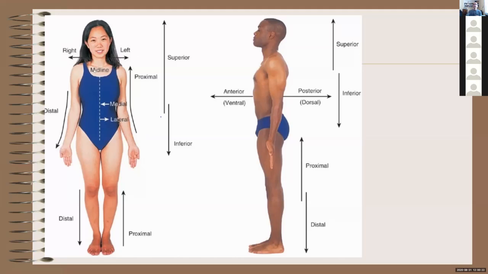And so when somebody is drawn in the anatomical position, or when somebody's being studied in anatomy, they're usually pictures taken of them in the anatomical position. The right is their right. The left is their left.